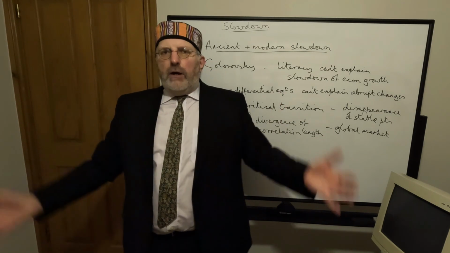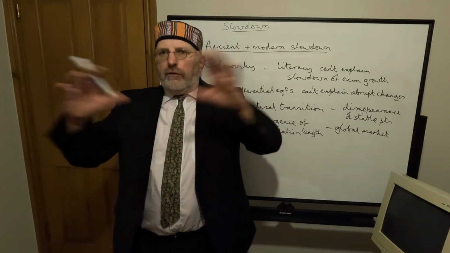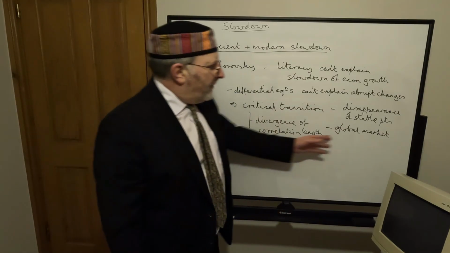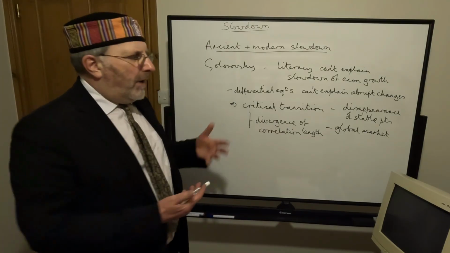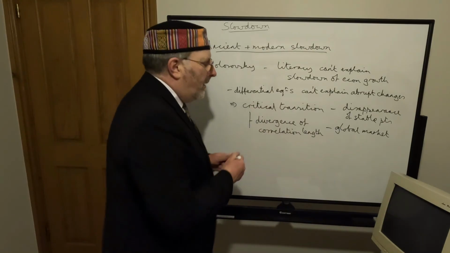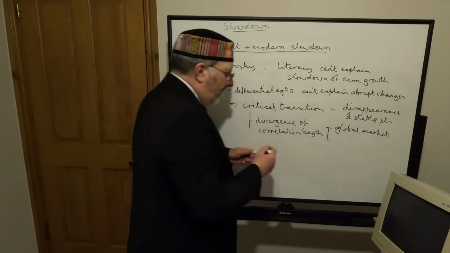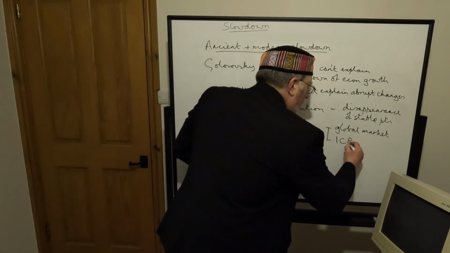By occupying the whole Earth, it has no definite size. It never stops. It goes all the way round. So it has diverged. The size of markets has diverged. They've all joined up now into one huge market with no boundaries. And another example is intercontinental ballistic missiles.